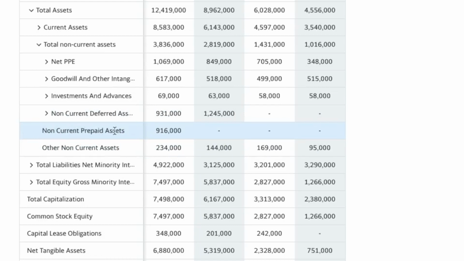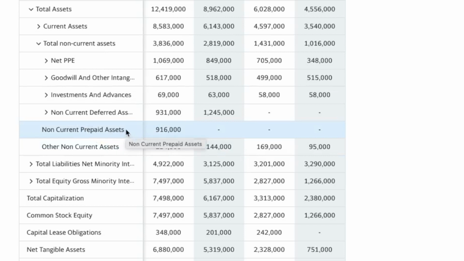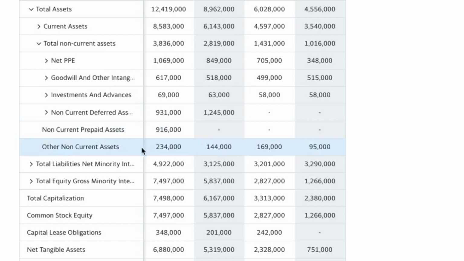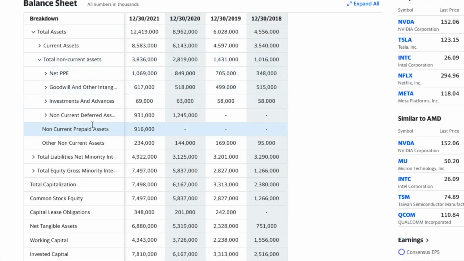They are going to pay these prepaid assets of $916 million, but they are not planning to do this in, let's say, the coming 12 months. There are also other non-current assets which Yahoo Finance did not mention here, but if you add up all those items, you would end up with exactly $3.83 billion.